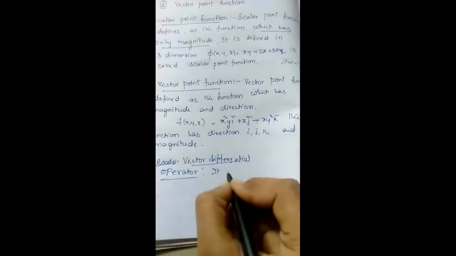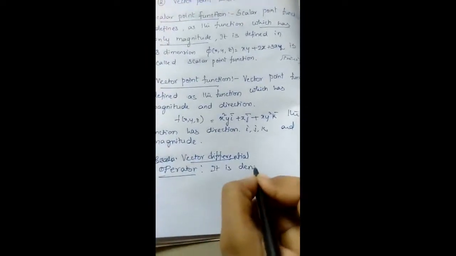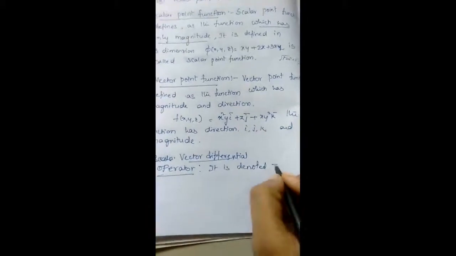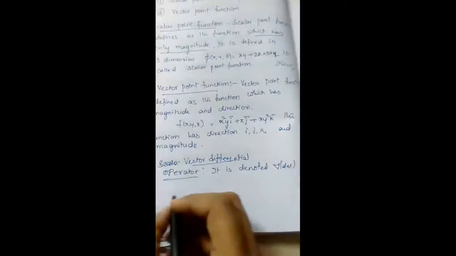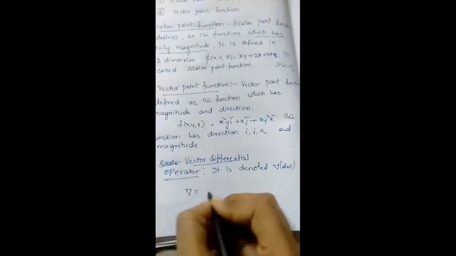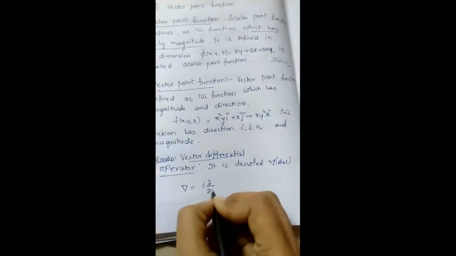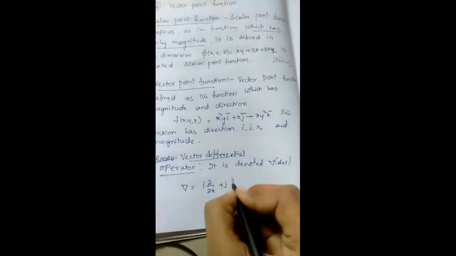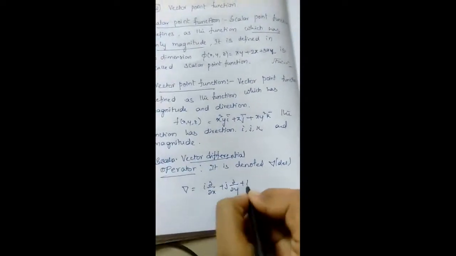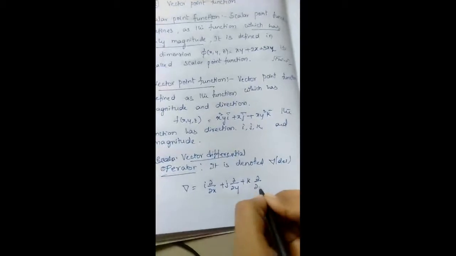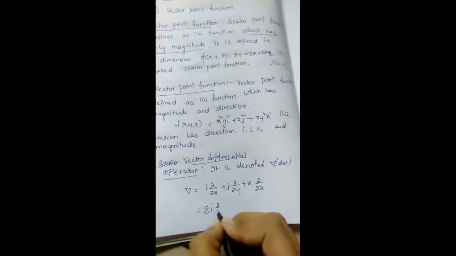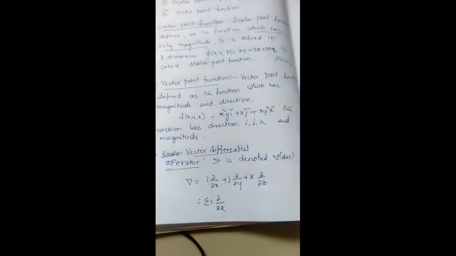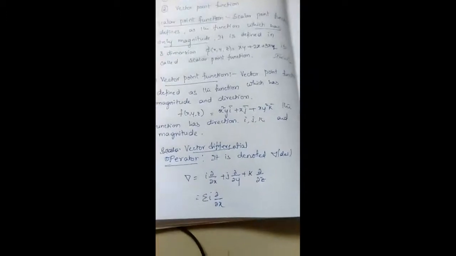It is denoted by del. Del is i dou by dou x plus j dou by dou y plus k dou by dou z, or you can write it as the summation of i dou by dou x. This is the vector differential operator.